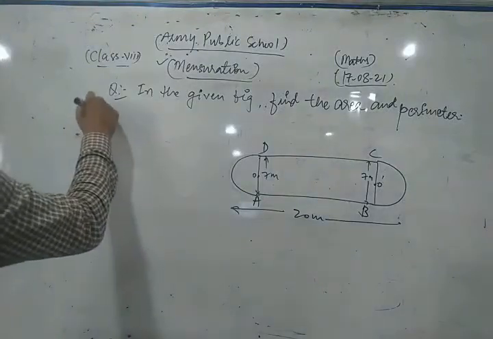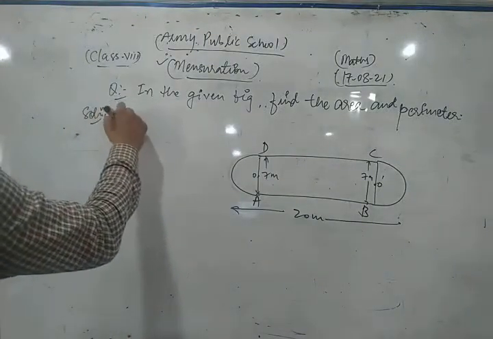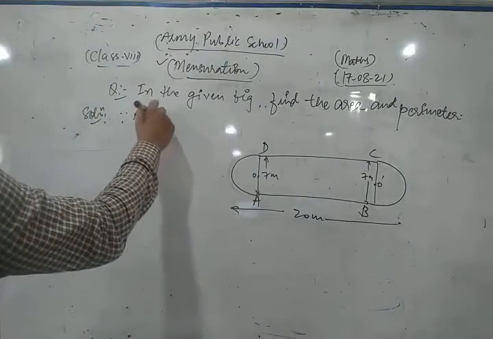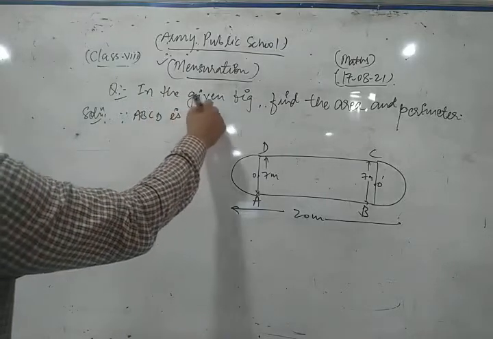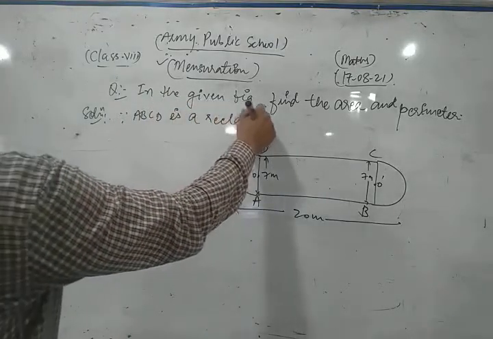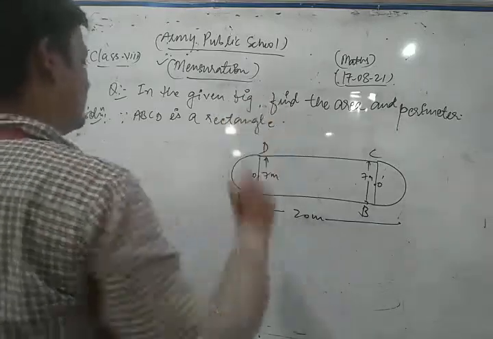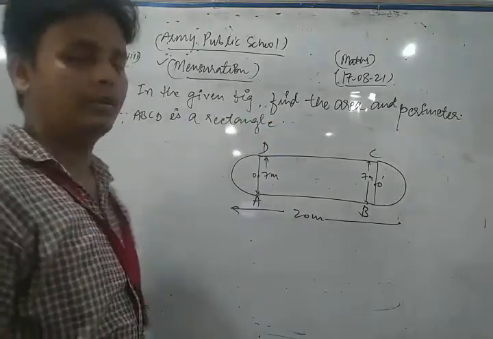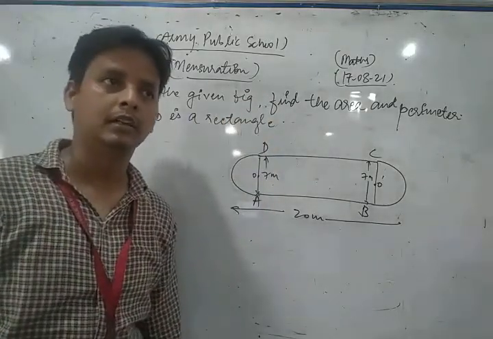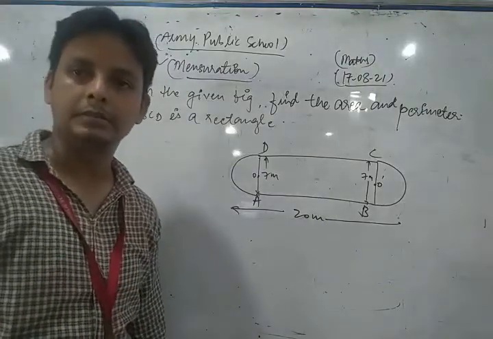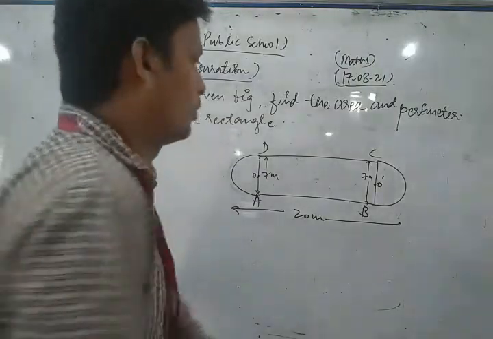Now, since ABCD is a rectangle, this field is rectangular in the middle and semicircular at the ends.